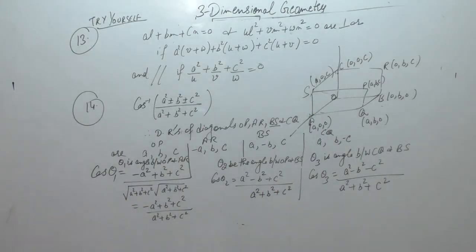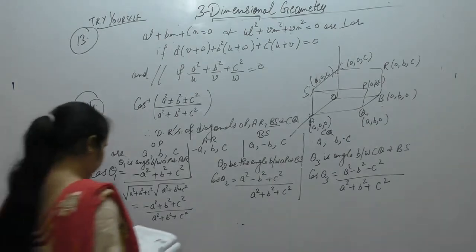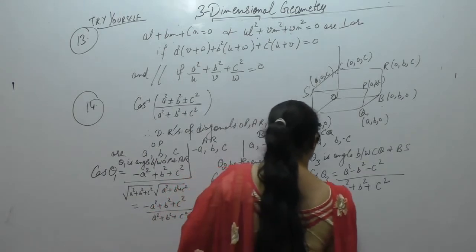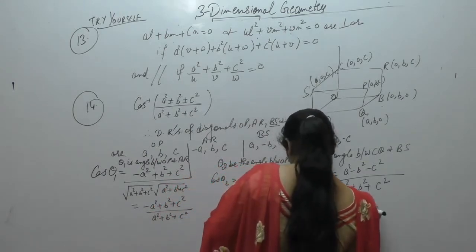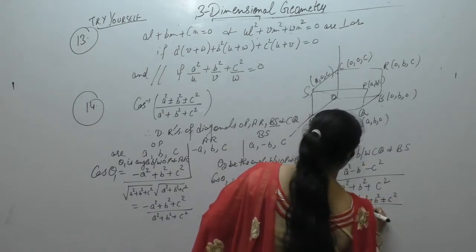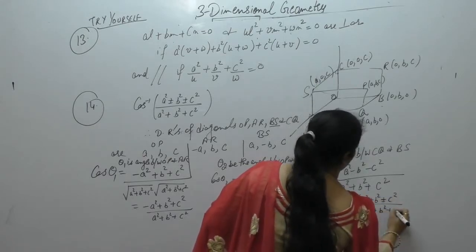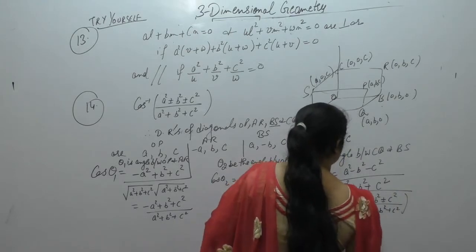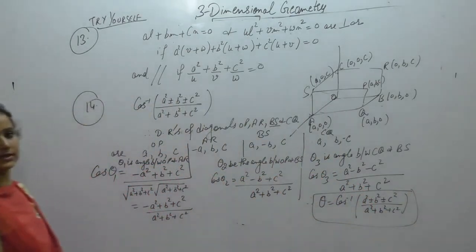Similarly, the angle between the other pairs of diagonals can be obtained. Therefore we get theta as cos inverse of (a square plus or minus b square plus or minus c square) upon (a square plus b square plus c square).